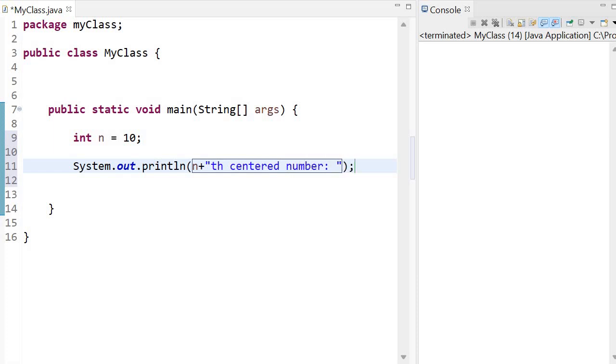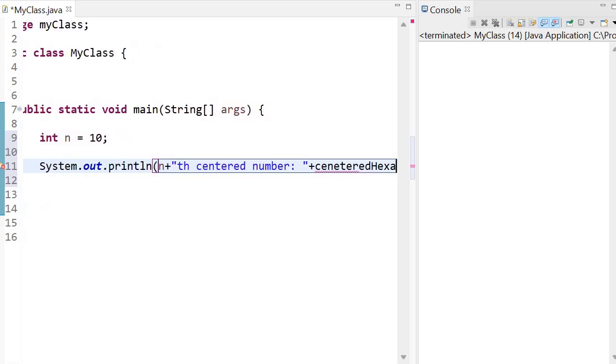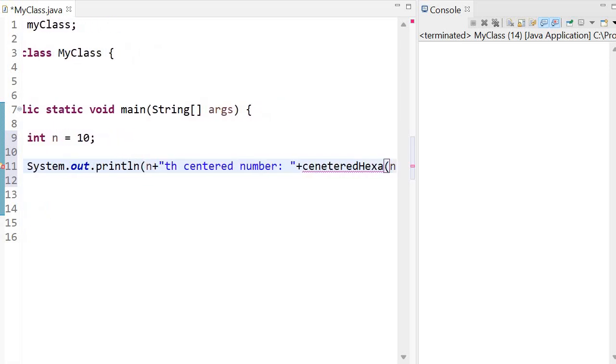I'll be creating a method, naming it centered hexa, and I'll be providing it that n value.